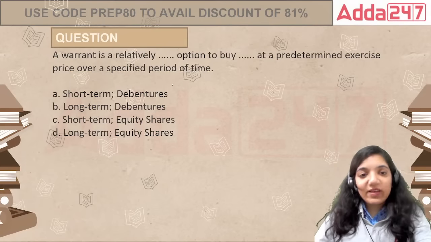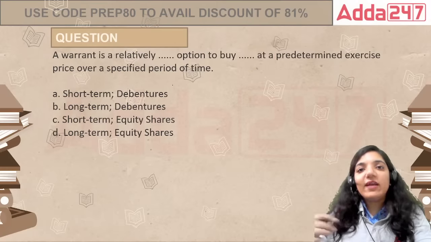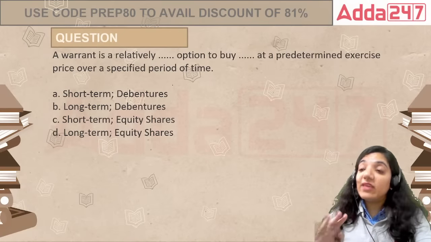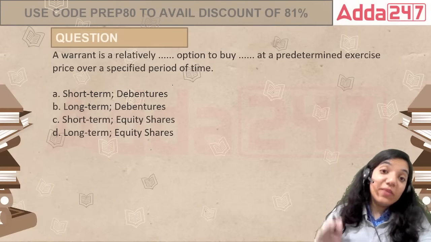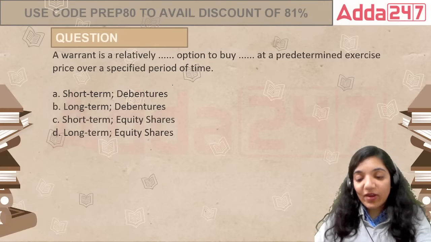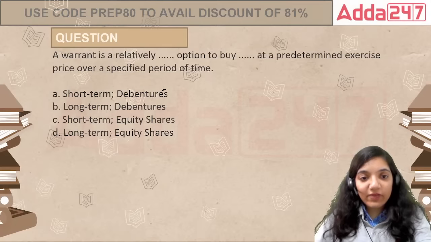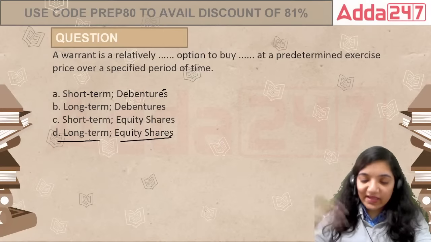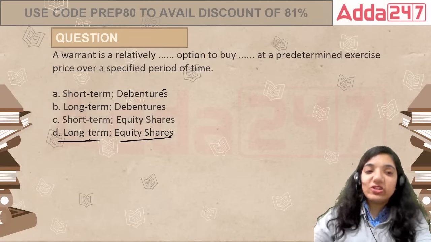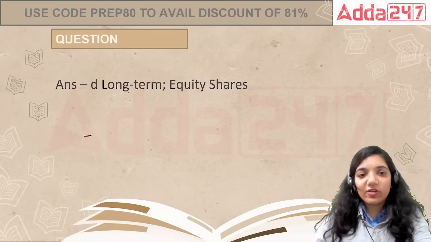That's correct. Because we are giving you a right that you can be a shareholder later on. It is related to the area of equity itself, but we'll take it in terms of the long term only, because it can be taken to the area of equity shares only. So I will still go with the long term and equity shares.